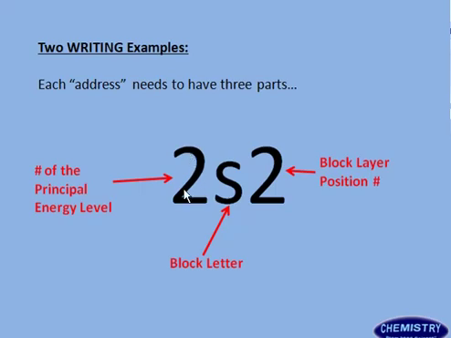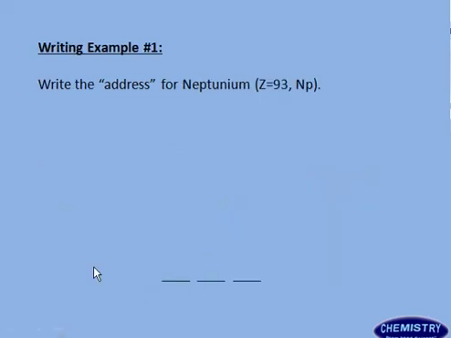So the first number will range between 1 and 7, and this number will range from 1 to no higher than 14. It'll either be 1 or 2, 1 through 6, 1 through 10, or 1 through 14. But an element address needs to have these three components: number of the principal energy level, block letter, block layer position number.